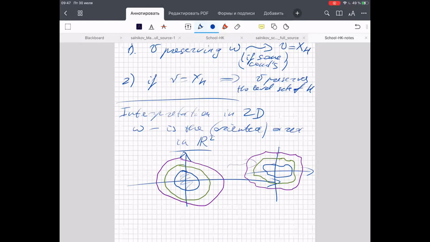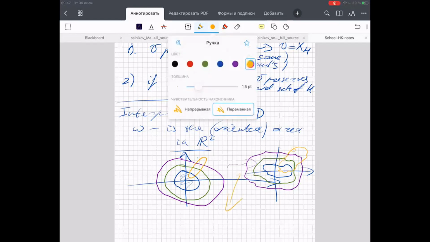I would probably have to take also some regions in this direction, right? To convince you that actually I can move inside the regions, but I should not go outside the regions. And then that would precisely mean that I preserve the level sets.